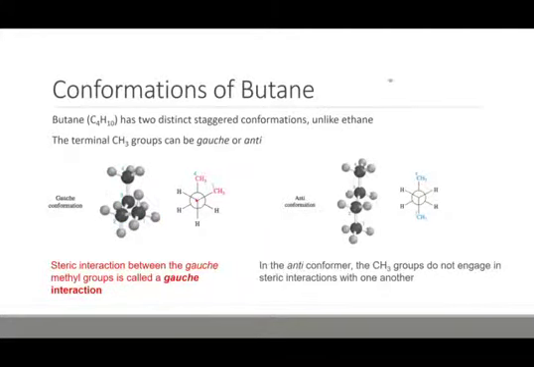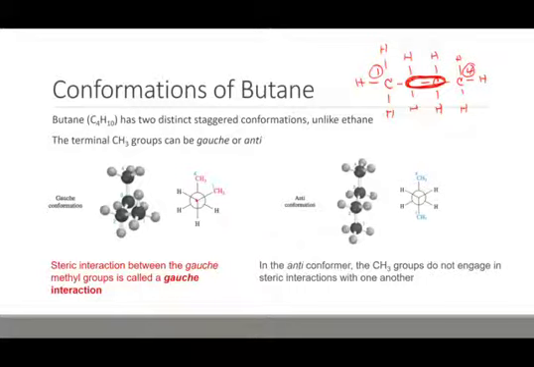Let's draw this out as a line bond real fast. So here is our butane. Now we're going to look down these 2 carbons. And so carbon 1 here and carbon 4 here are going to be extra groups coming off of the central bond.